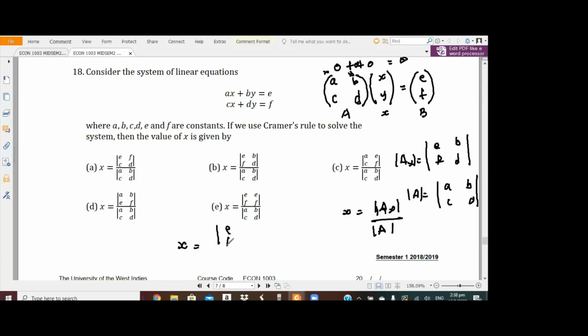That would give me the determinant of E, F, B, D over the determinant of A, which is A, B, C, D here. So that's what Cramer's rule says to us. So if I now wanted to find what x is, we'll just look for the correct one. So no, this isn't the answer. E, F, B, D over A, B, C, D, this definitely is the answer. So our answer here would be B as in boy.